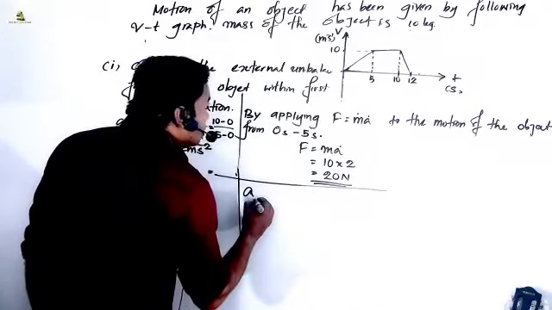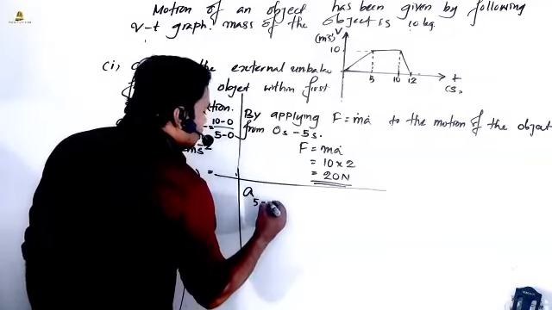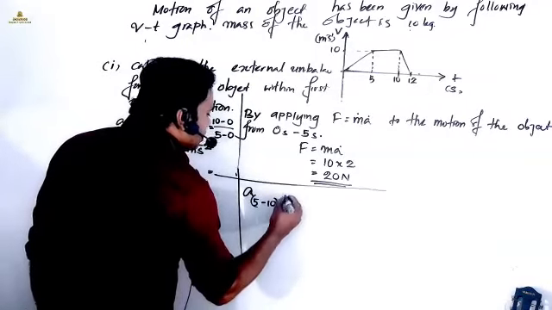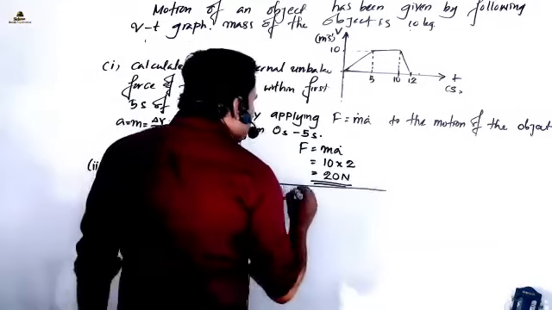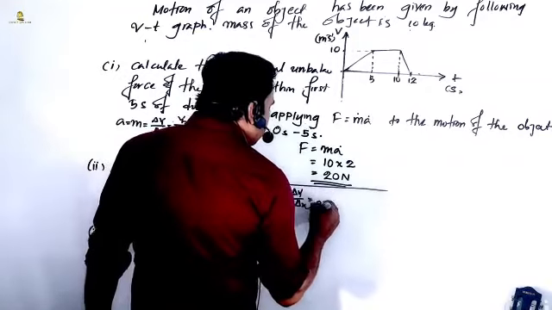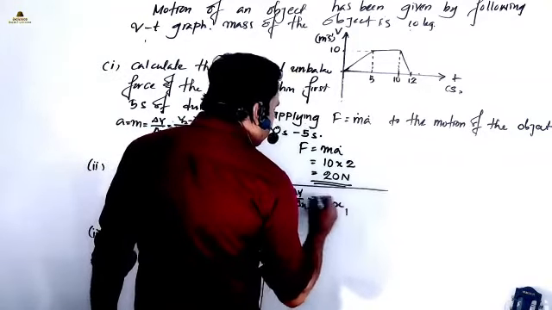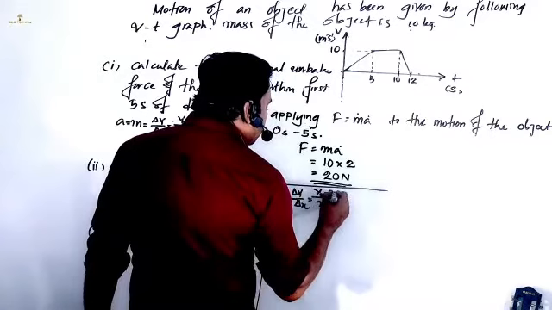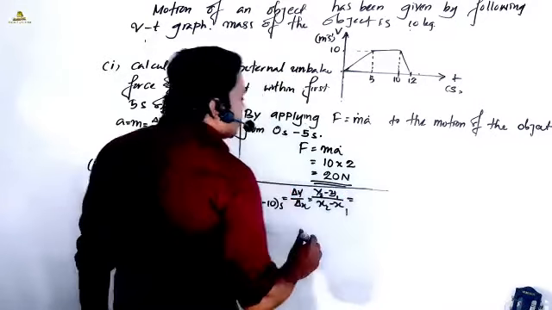Acceleration, 5th second to 10th second. That's delta y upon delta x, that means x2 minus x1 corresponding to y2 minus y1.